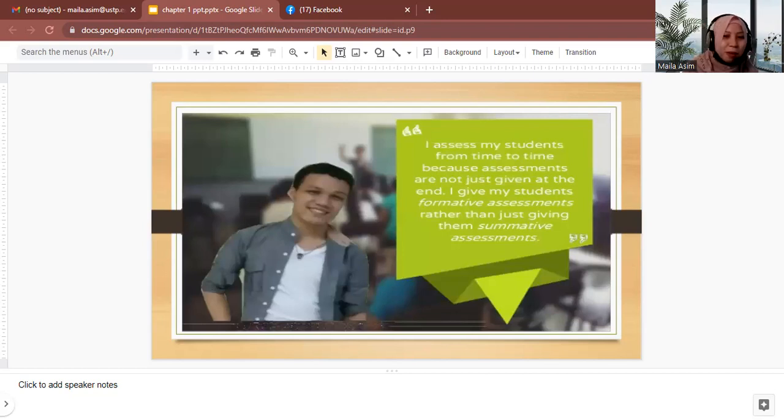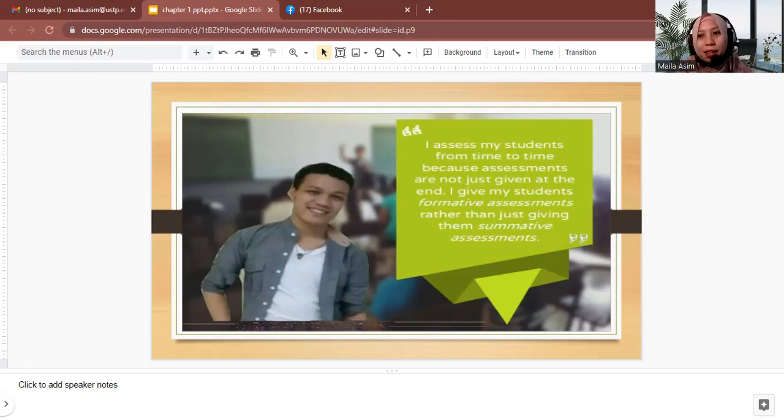Next is what the teacher has said now about integrated. I assess my students from time to time because assessments are not just given at the end. No, I give my students formative assessments rather than just giving summative assessment. So nakadungog diba mo na summative assessment, right? So summative assessments are to be done after the topic in final exam or after the topic in midterm period has been discussed.